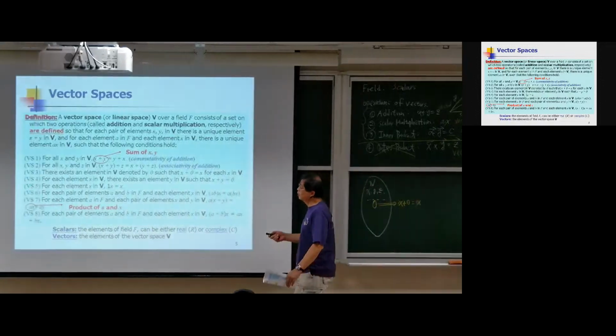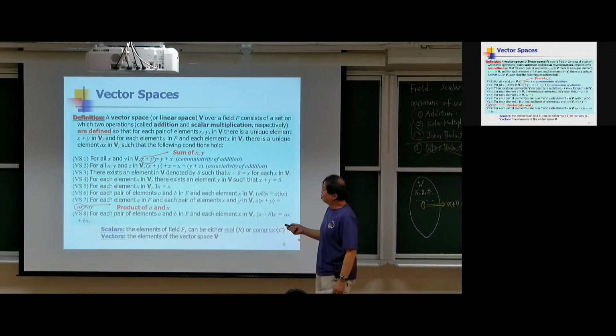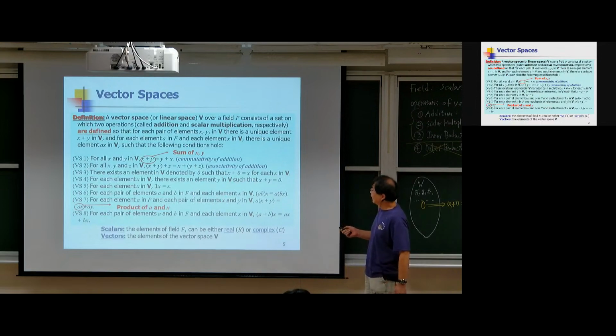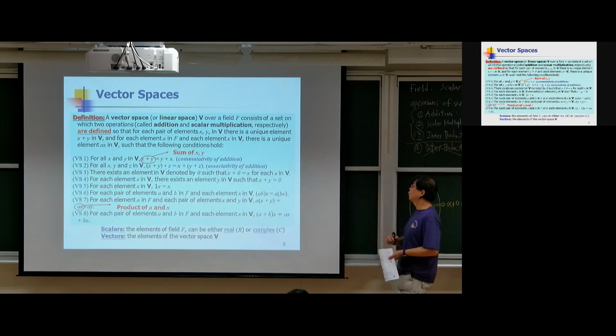Then VS4: for each element X in V, there exists an element Y such that X plus Y equals 0. What does this mean?